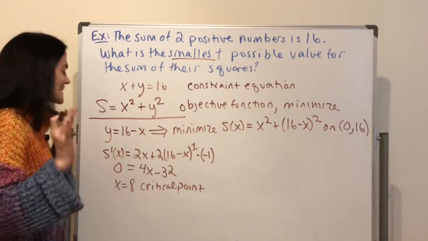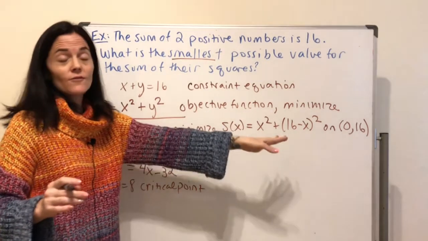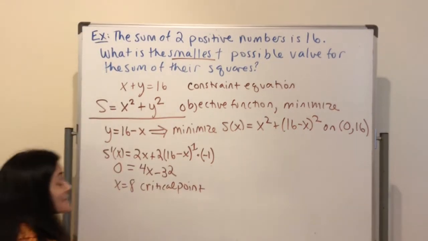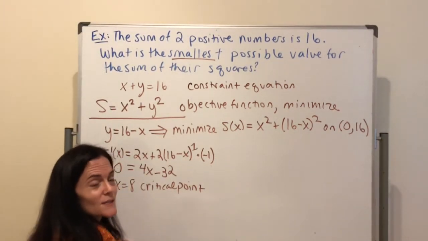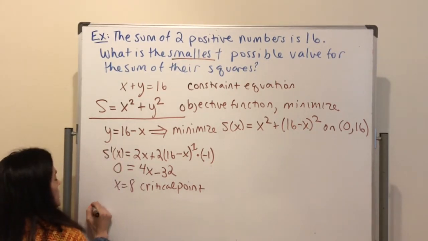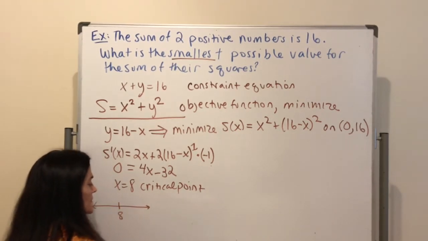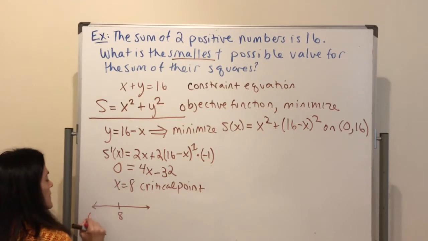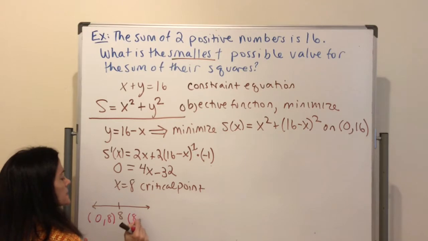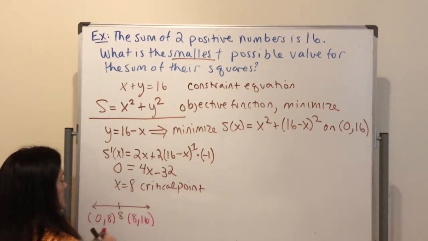Very nice. Now, I'm looking for a minimum here, so make sure it corresponds to a minimum. And just like I just discussed, we have one critical point, so we can use the first derivative test. Here's 8. If I needed the intervals, for instance, when we did intervals of increasing and decreasing, this would be 0 to 8 and 8 to 16, okay? And then I pick a point in each interval.